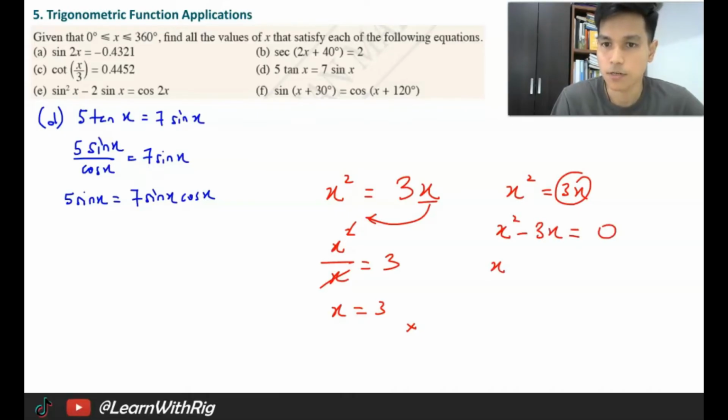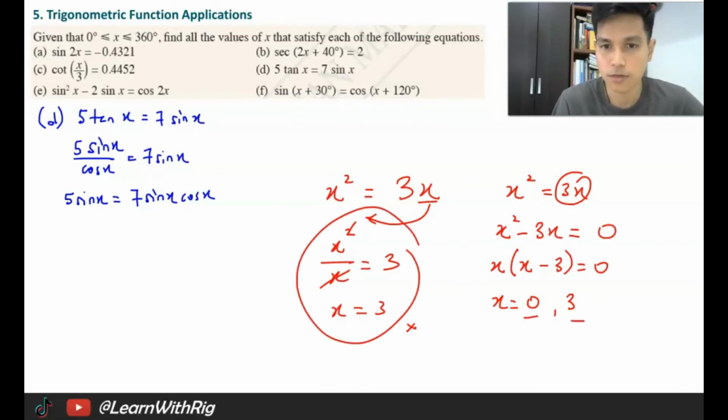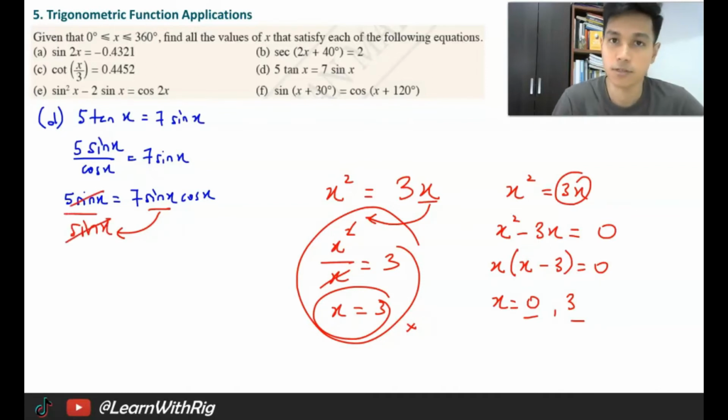Then you factorize, so you get x times (x minus 3) equals 0. That means x can be equal to 0 and x can be equal to positive 3. Two answers here. If you do it the other way, you only get one answer. Clear? So that's what I meant. You cannot just shift the sin x there and then cut. Then you will miss out on certain answers.